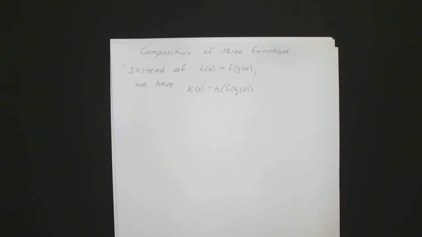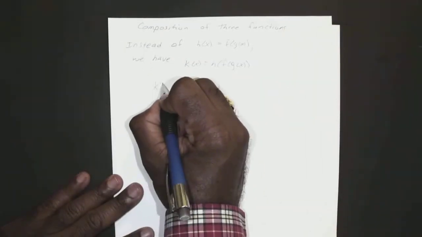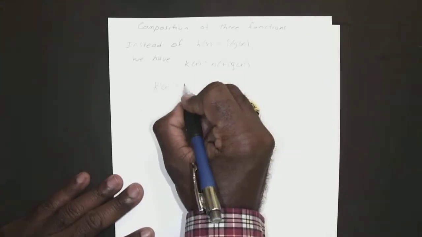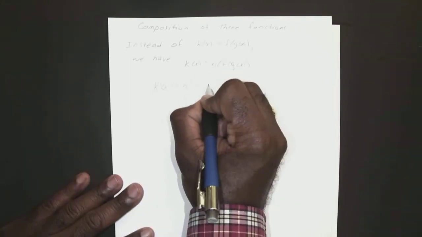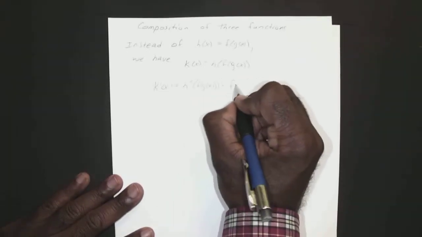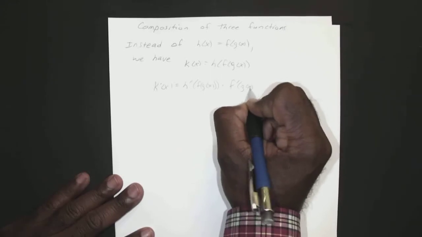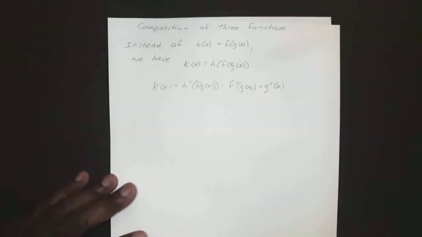We have a function inside of a function inside of a function. So the derivative of that, k prime of x, will just equal h prime of f of g of x times f prime of g of x times g prime of x. So really you just apply the chain rule twice.